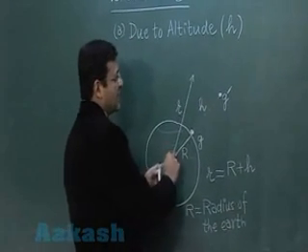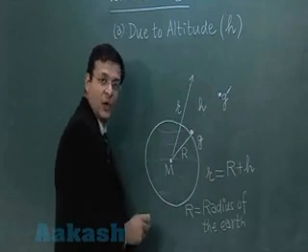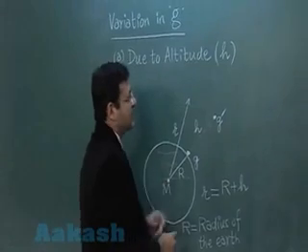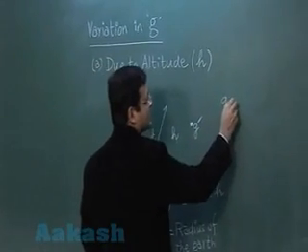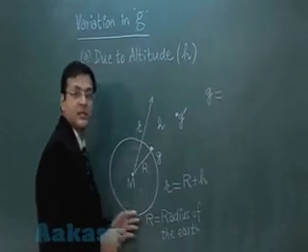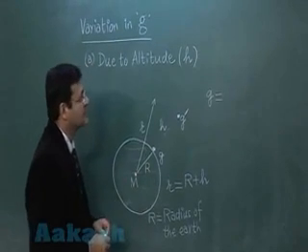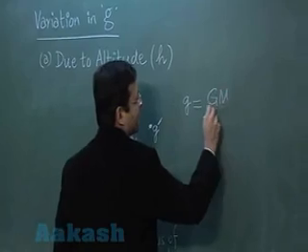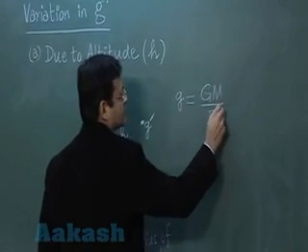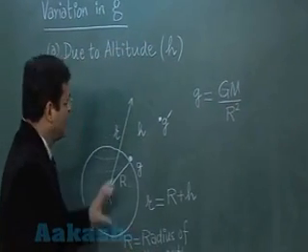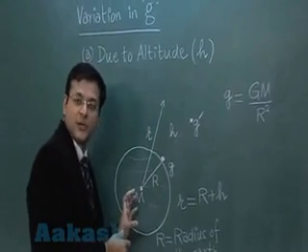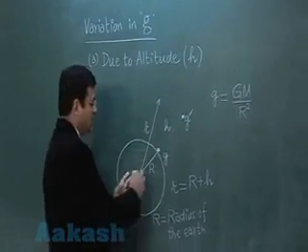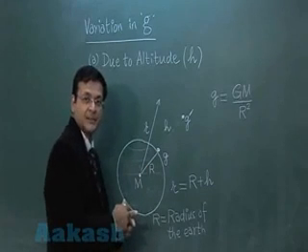So the distance from the center of the earth to this point is greater. Now, the acceleration due to gravity at the surface of the earth, small g, will be written as capital G M upon R square, because the entire mass of the earth is assumed to be concentrated at its center, and on the surface the distance is simply capital R.